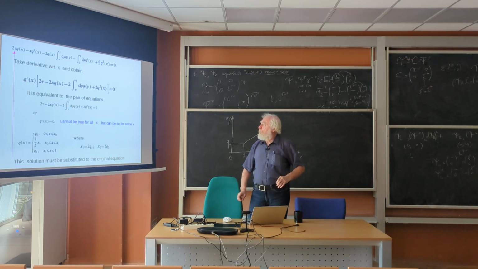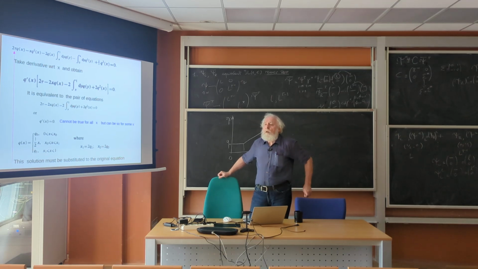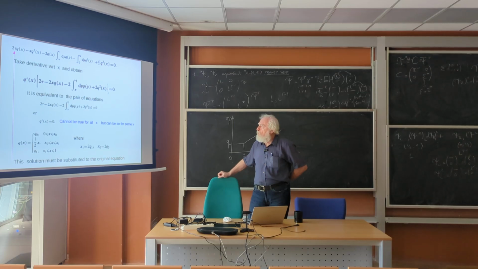But we still have parameters Q0, Q1, and X0, X1. Is this the only solution? It seems that we can put a couple more regions with that Q of X dependence in between, like X1, X2, X3, so we'll have a ladder type of solution.